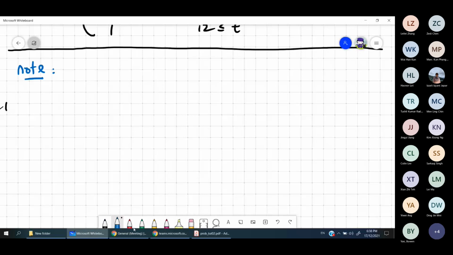So f has to fulfill 2 conditions. First of all, f must always be non-negative. It cannot be a negative number. And condition 2: if we integrate over R, what is it?